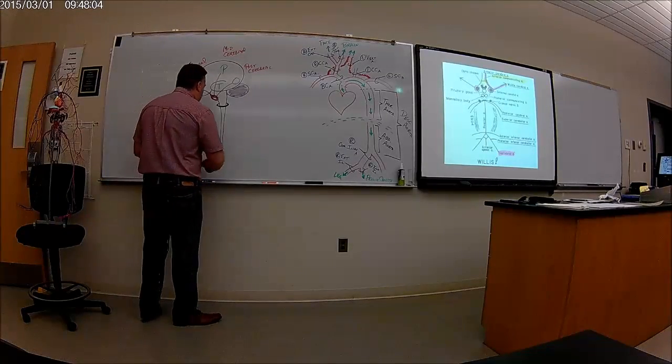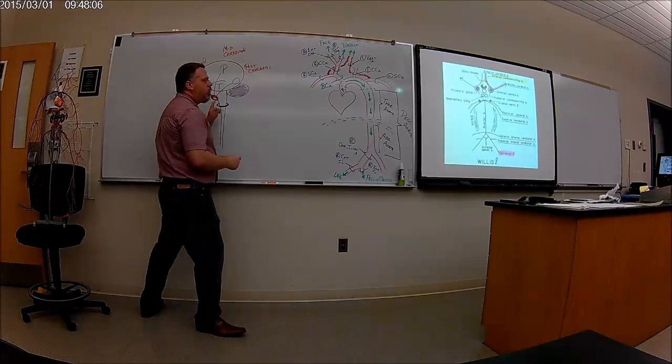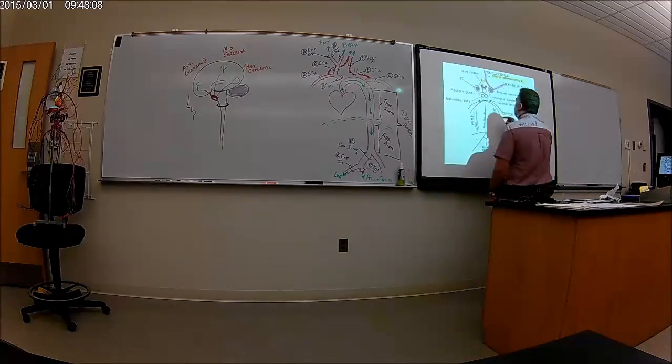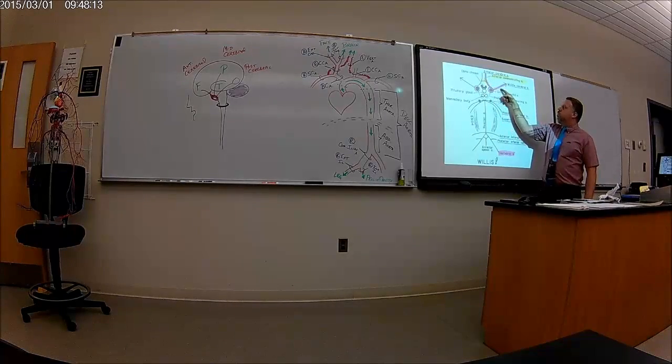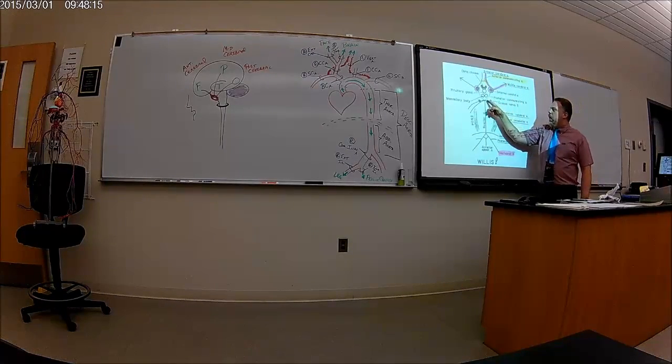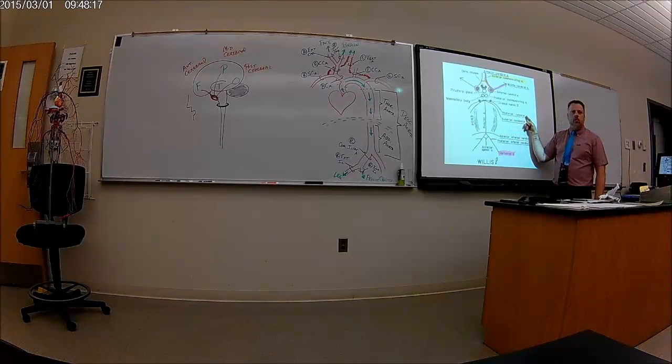Okay? Now, the cerebellum. And here's where these arteries are. There's our anterior cerebral, as I mentioned here. Here's the middle cerebral, and then we have here the posterior cerebral. Okay? I underlined them in red.